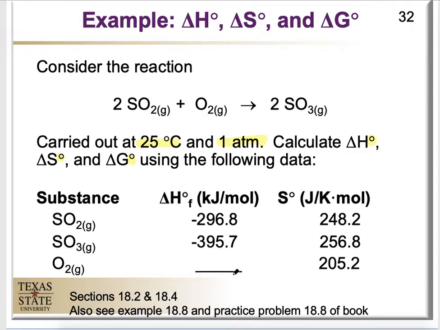Well, the reason is that the enthalpy of formation of an element in its elemental form is equal to zero. Oxygen as O2, that's the thermodynamically stable form, or the elemental form for that particular element. So the number here is zero. And again, this might not actually be available in the table, so it's something that you need to know.